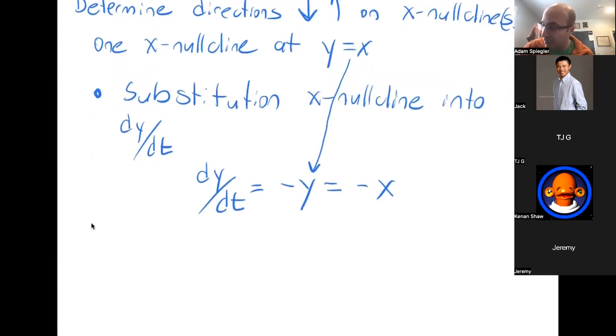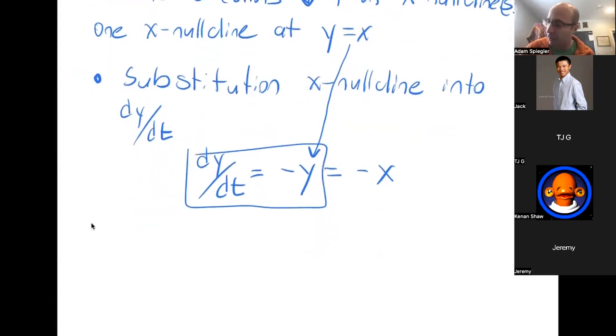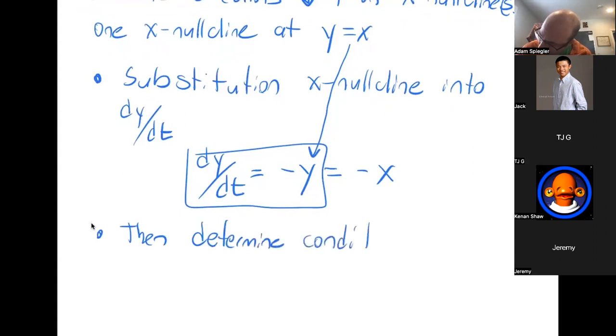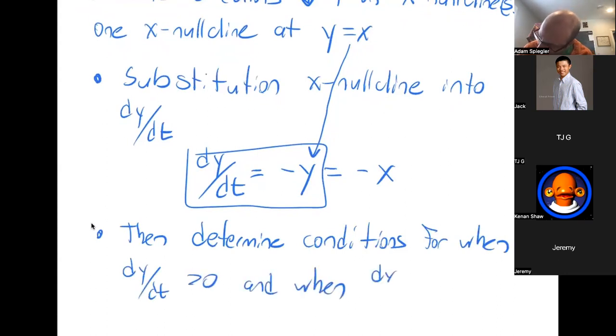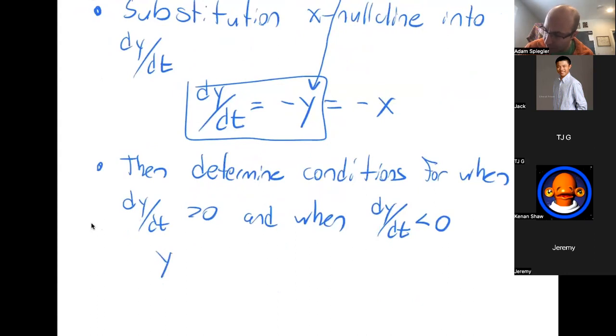And using either of these conditions, so I could actually work with this one since this was the observation we made earlier, then we determine conditions for when dy/dt is positive or negative. Which we've made already. We said that dy/dt is going to be positive when y is less than 0, and it's going to be negative when y is bigger than 0.